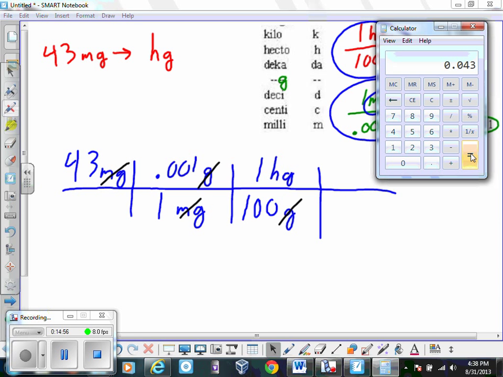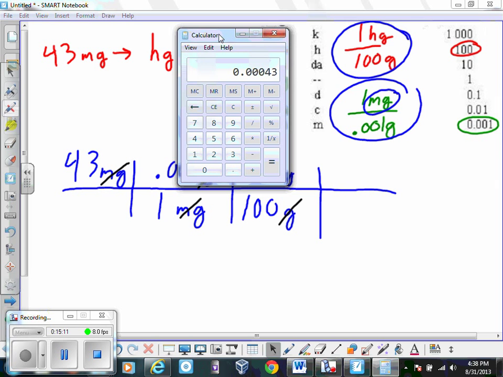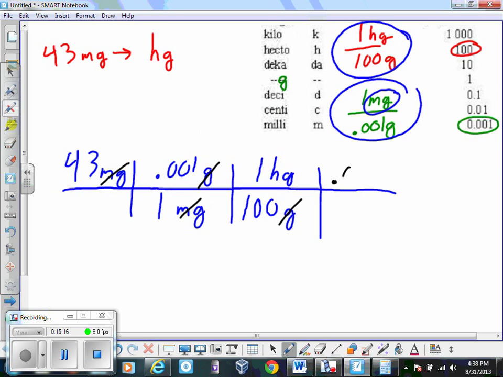And then you get to your next factor, and the number is on bottom that you're working with, so it's divided by 100, and push equals again. And then my number for my final answer is 0.00043, and the label I'm left with is hectograms.